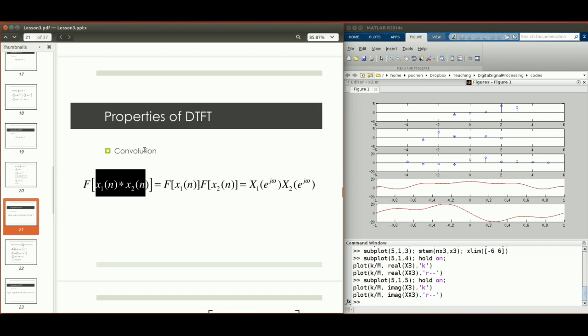So convolution also has all those properties. The reason is that convolution in the time domain is equivalent to multiplication in the frequency domain. It's equivalent, right? And we have proved that.